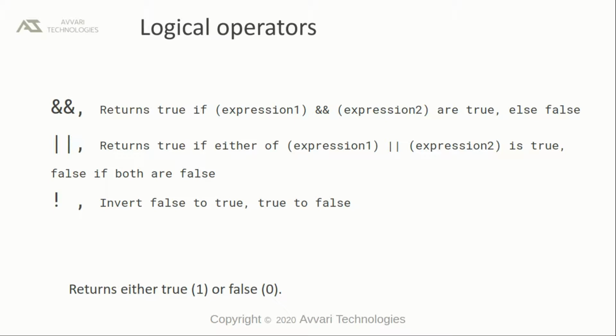Next is logical OR, which returns true if either expression 1 or expression 2 is true. If both the expressions are false, the logical OR operator will result false. Invert converts false to true, true to false.